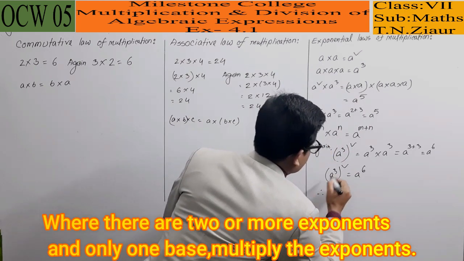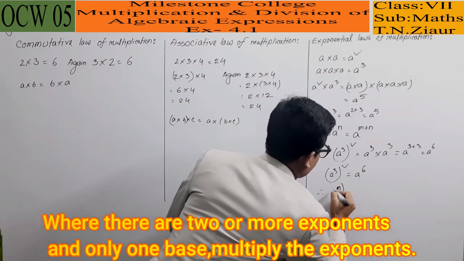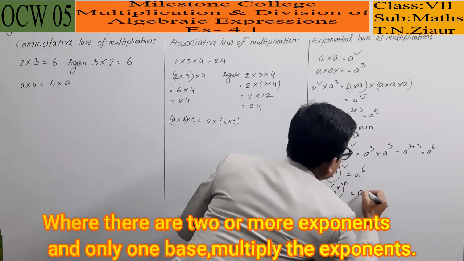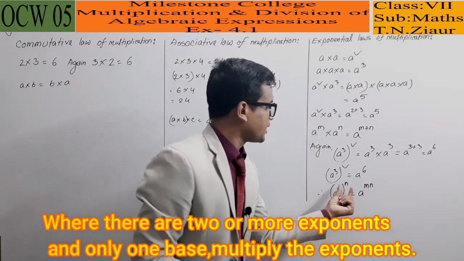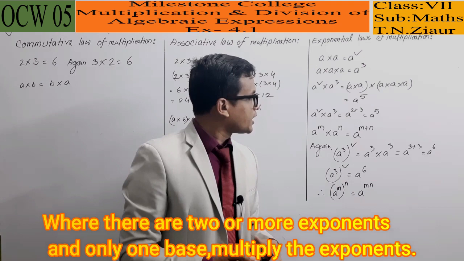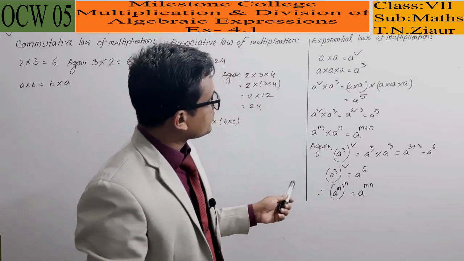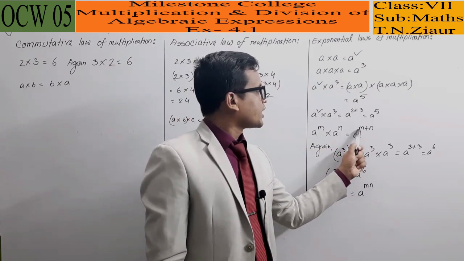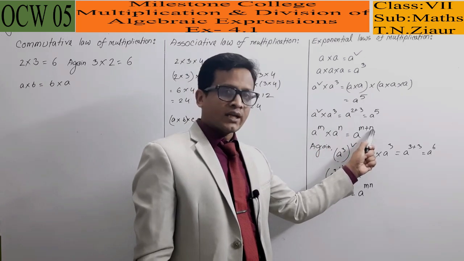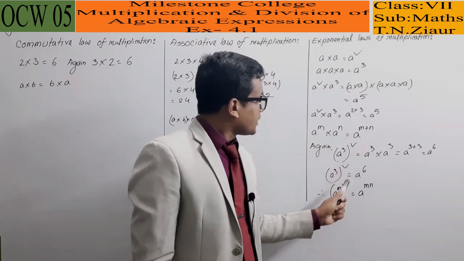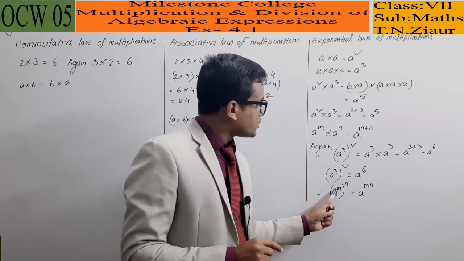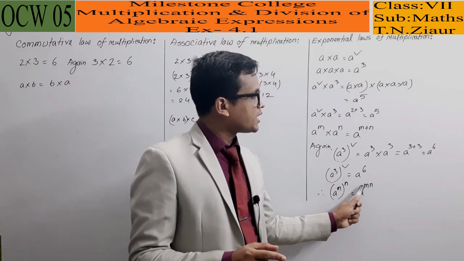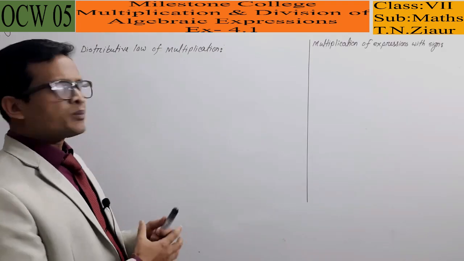So in general we express the symbol as a to the power m whole to the power n is equal to a to the power m n. Just multiply m into n, it will be a to the power m n. Now my dear students, have you understood? When you get a to the power m into a to the power n, you have to write a to the power m plus n. That means you have to add the exponents with the same base. And in only one base, if you get the exponent this way, you have to multiply, that means m into n. Okay, now the distributive law of multiplication.